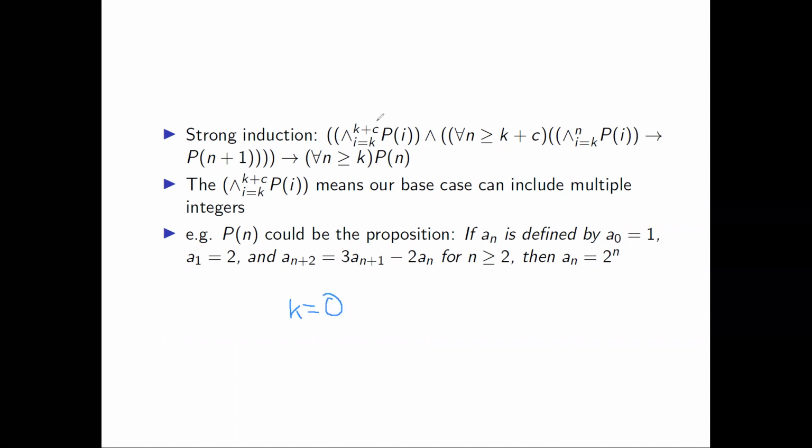And the c, so this c right here, and this k, the c would be a 1. So that would be two cases. It's going to be a conjunction for i equals 0 to 1 of P of i. And this right here, that was always a 0. Okay, so let's see how we can prove that.